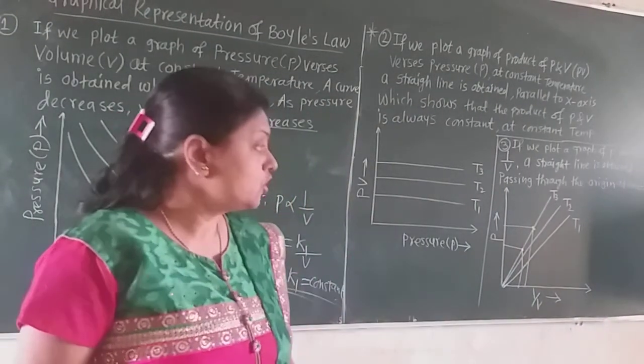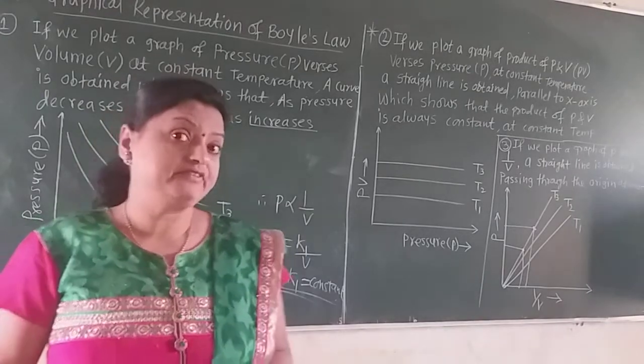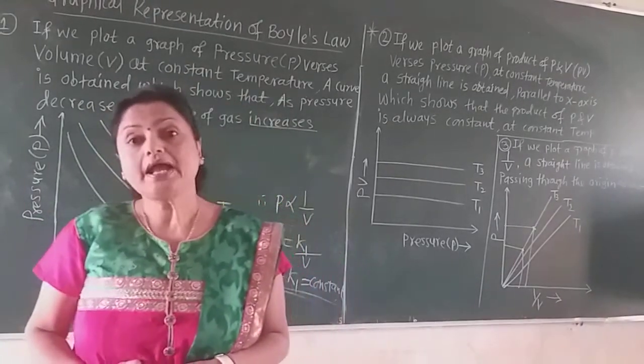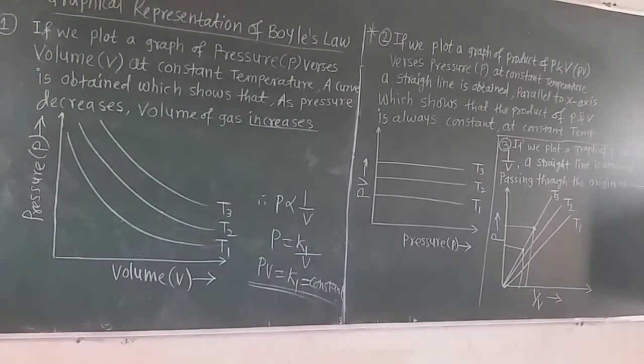This also proves that pressure of the given mass of the gas is inversely proportional to the volume at constant temperature. Now let us see some rules based on this.